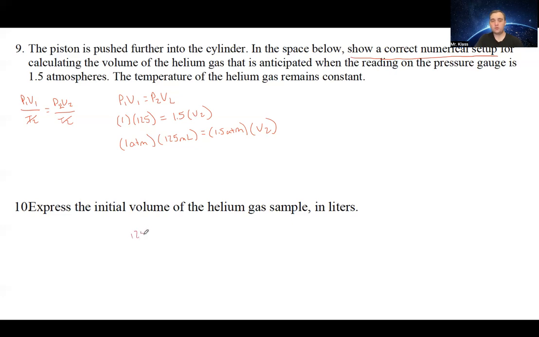We have 125 milliliters for our initial volume, and now we're going to multiply that by 1.0 times 10 to the negative third. Now we get 0.125 liters.